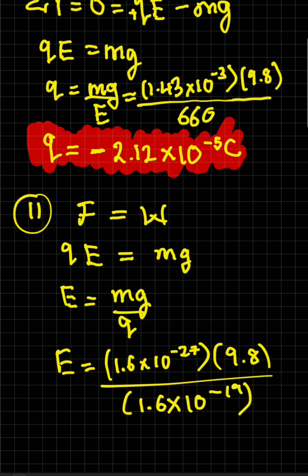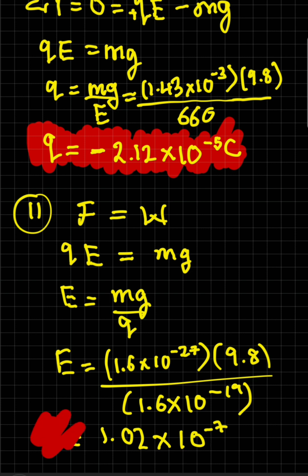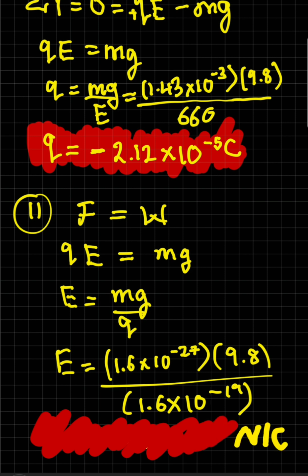Punching this into the calculator, we find that the electric field in this case is equal to 1.02 multiplied by 10 to the power negative 7. And that right there is the answer that we've been waiting for.